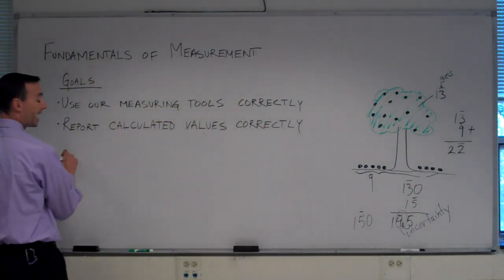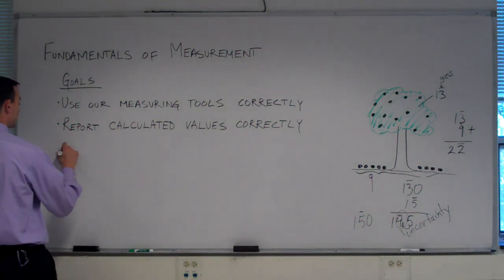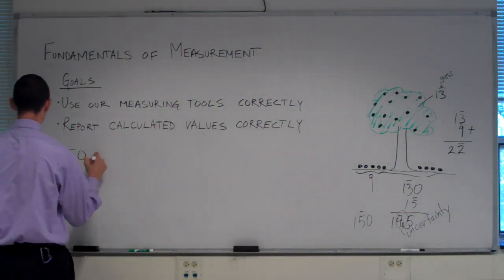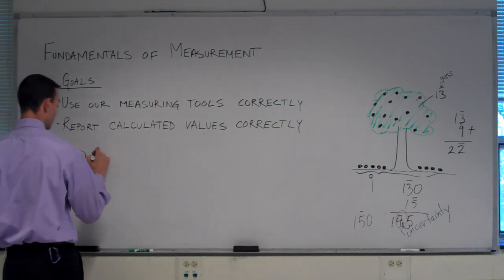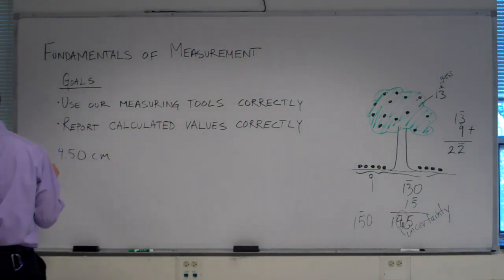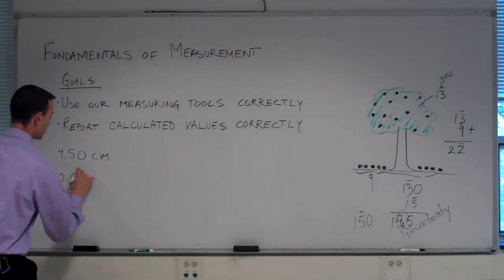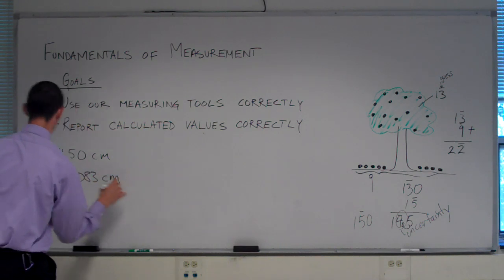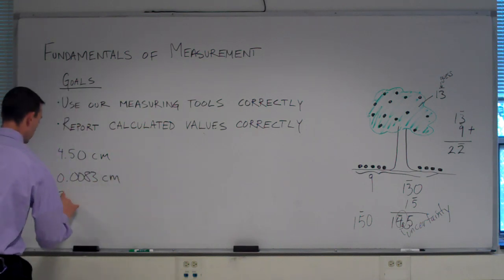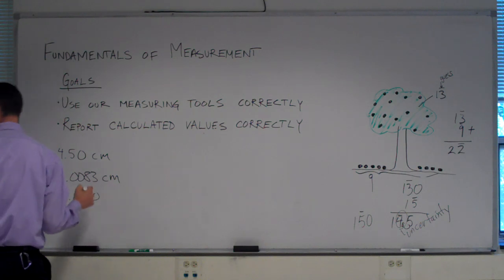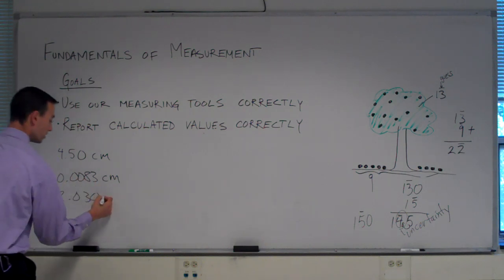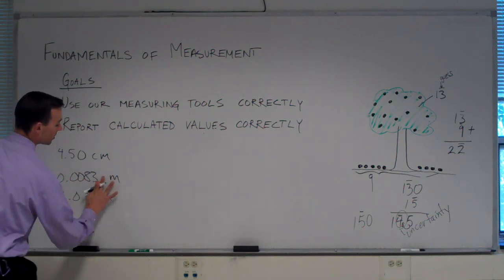The first question asks you to just report how many significant figures are in each measurement. 4.50 centimeters, 0.0083 centimeters, and 2.030 millimeters. Sorry, the second one is in meters.